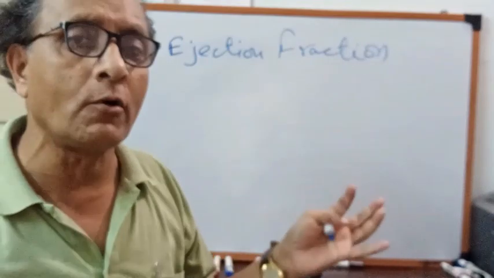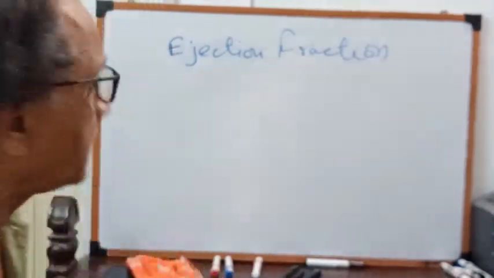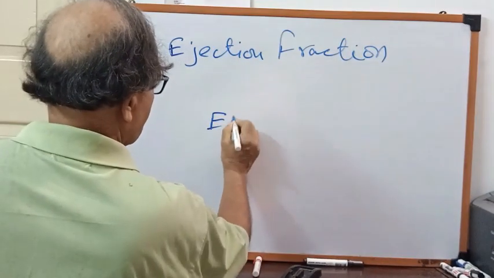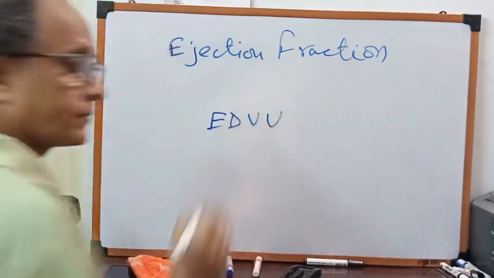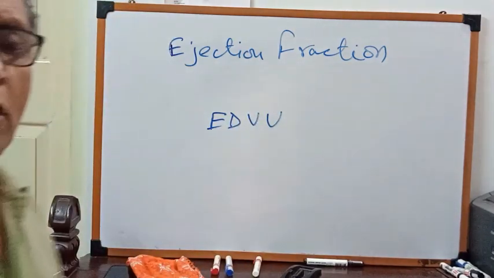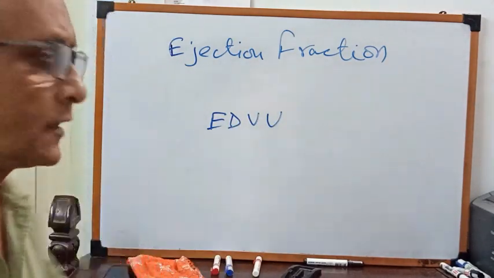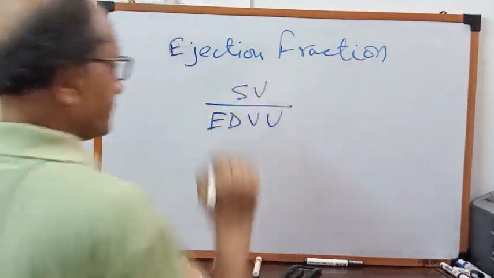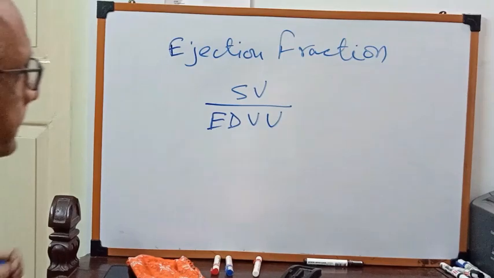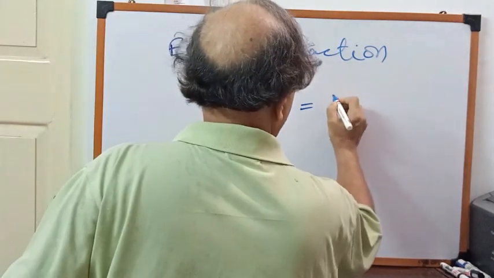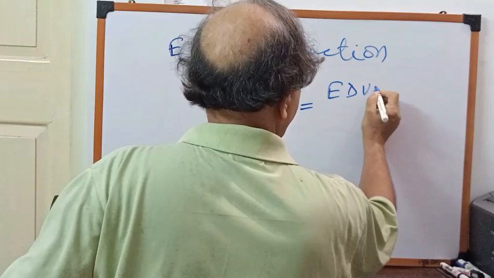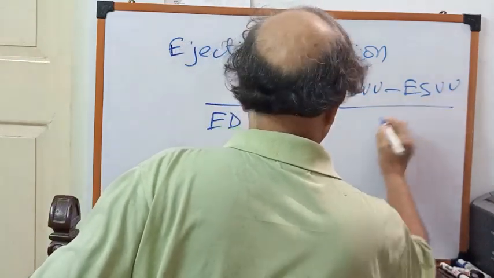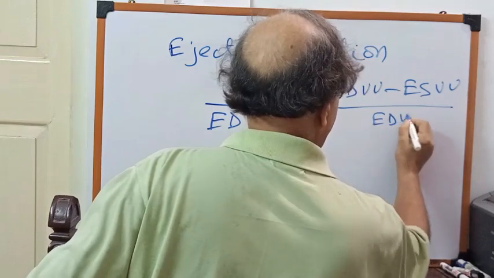So what is the total amount of blood collected in the ventricle at the end of diastole? It is the end diastolic ventricular volume. And the amount of blood which is ejected out of the ventricle is SV. SV can be written as EDVV minus ESVV, divided by EDVV.